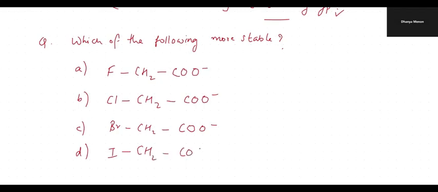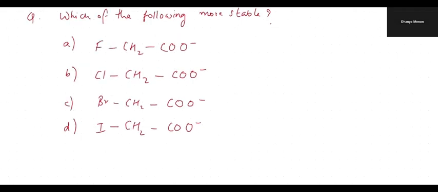Now, students, please remember that charged species are unstable compared to neutral compounds. So these are all charged species, but they can be stable if the charge is distributed.